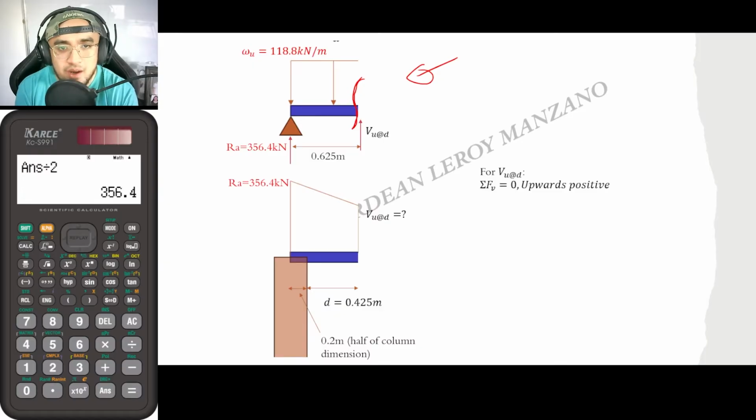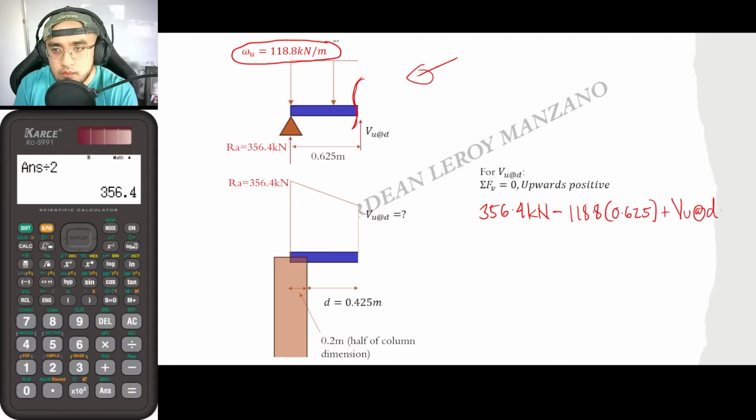We have a positive 356.4 kilonewtons, minus the resultant of our uniformly distributed load, so minus 118.8 times 0.625, plus Vu. So this is equal to 0.